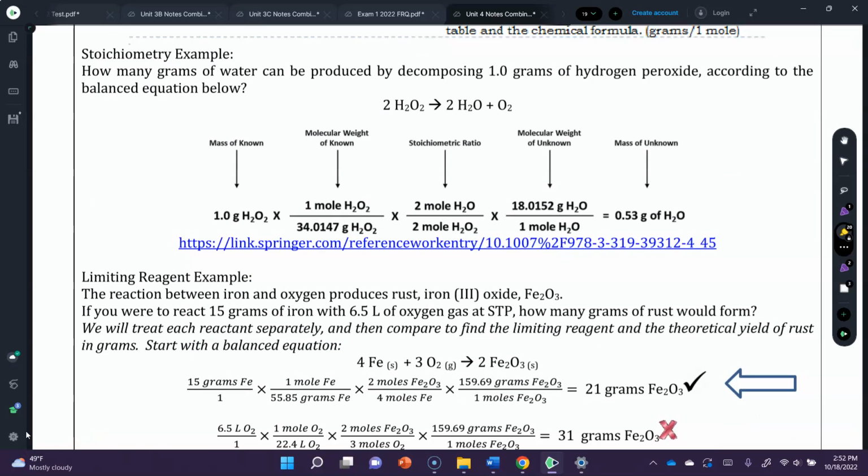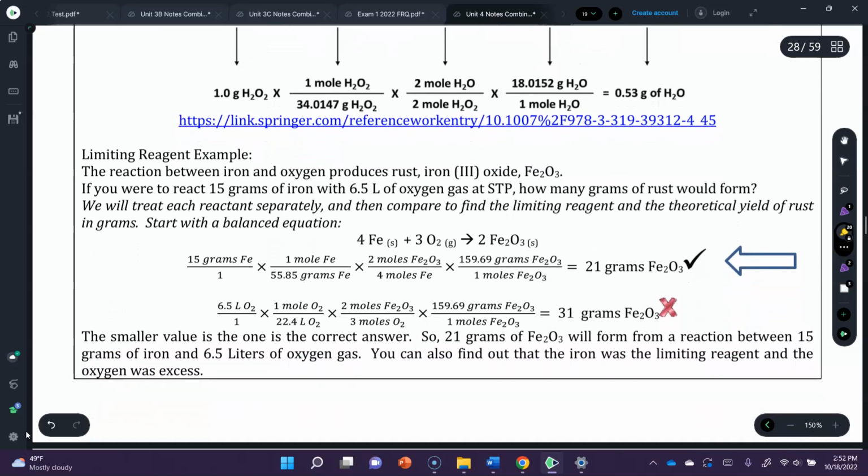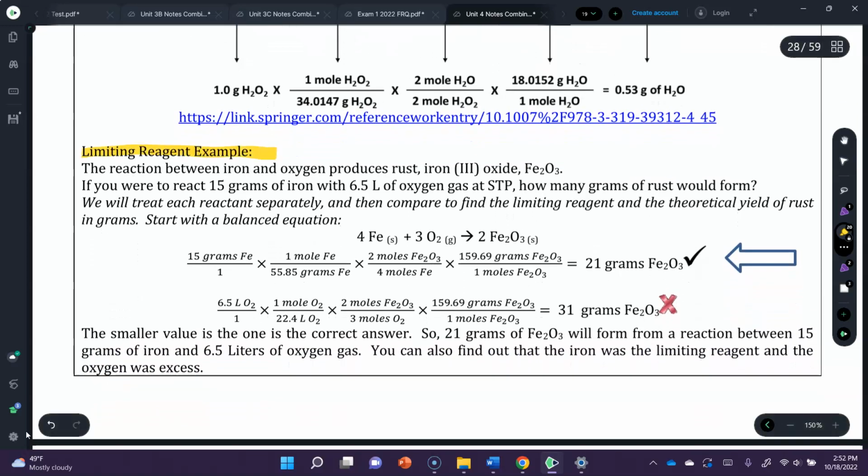An example is provided here. You can look through this on your own time. They also give you a limiting reagent example in here. Notice that for the two amounts given, they show you that you're going to convert both of those to your target amount, which is the grams of rust.